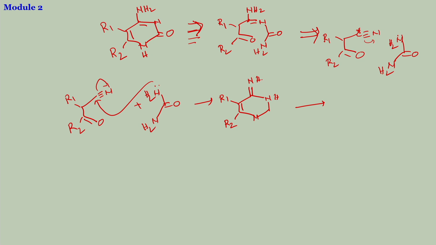So you get a double bond NH, and of course a double bond NH is not stable. So that will tautomerize itself in the forward direction, and you will get the NH2, with a double bond here. Easy, your cytosine derivative is synthesized.